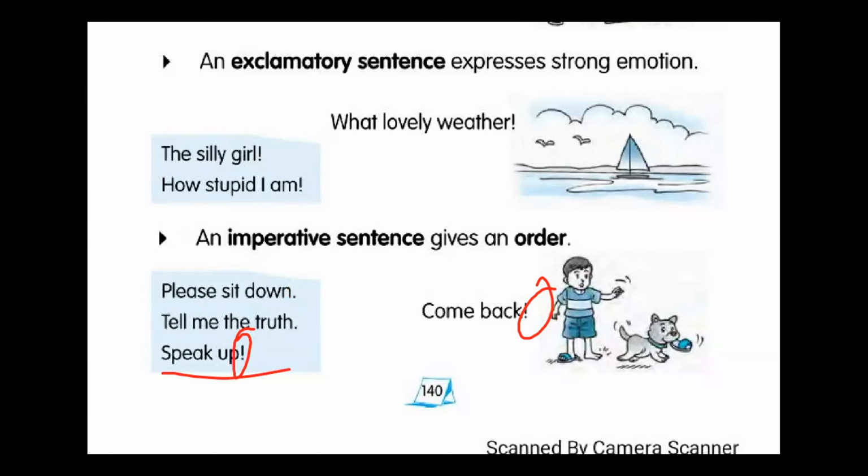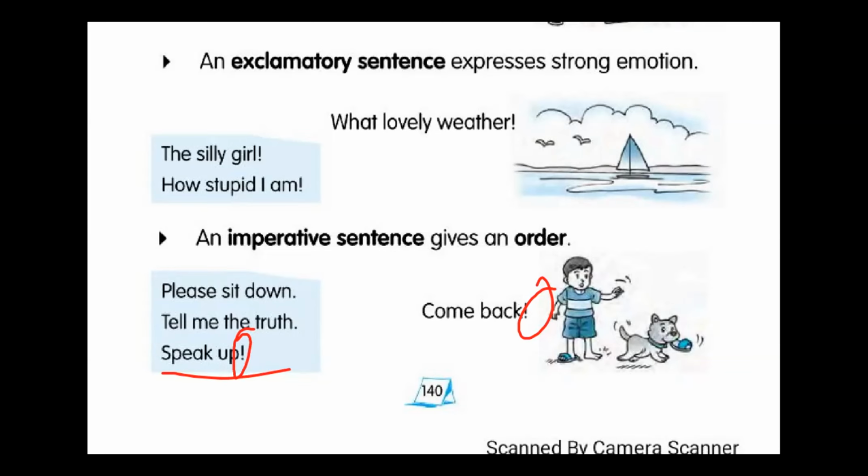Because see, we have interjections, right? How is it with interjections? Interjections are always followed with an exclamation mark, right? So in the same way, when we are expressing strong feeling, strong emotion, like when you are giving an order, you have strong emotion at that time.